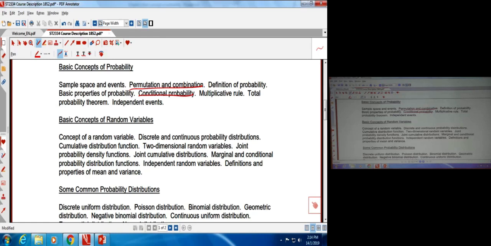The third part is more practical. It's some common probability distributions. The most well-known, simple one is tossing a coin. There are two outcomes, right? What are these two outcomes? Heads and tails.